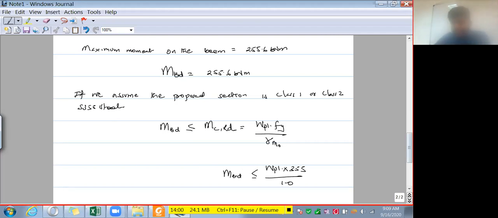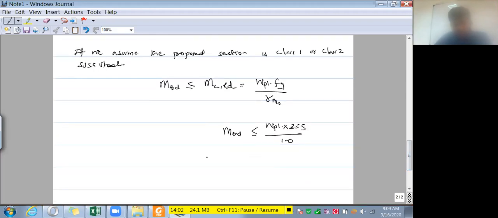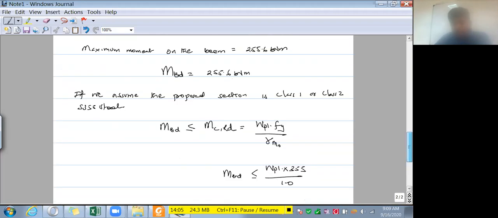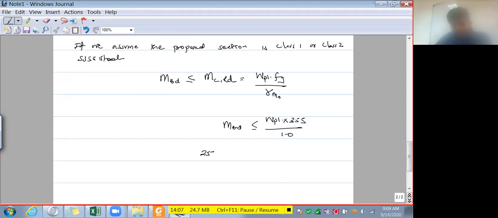To substitute the MED value, I'm going to substitute the MED I obtained, 255.6 into 10 to the 6, because this 355 is in Newton per millimeter squared, so I need to put this into Newton millimeter. WPL into 355 over 1. So WPL should be greater than or equal to 255.6 divided by 355.